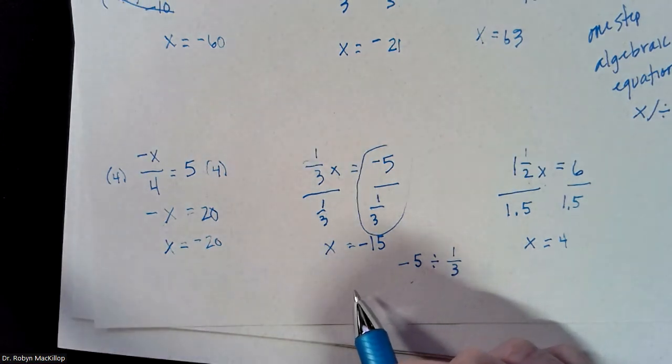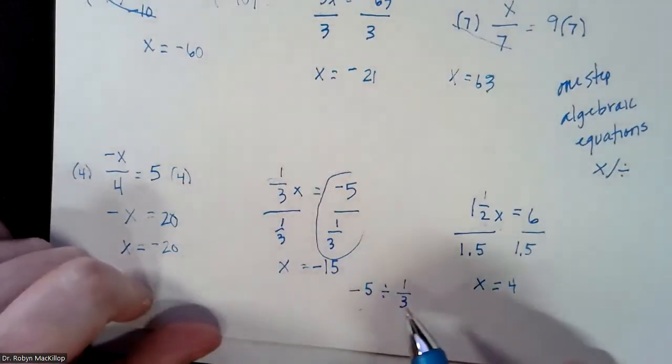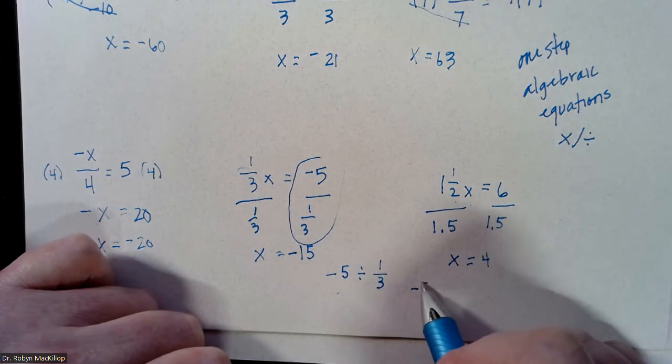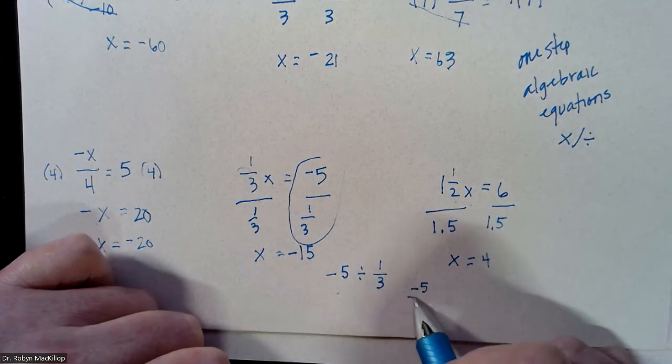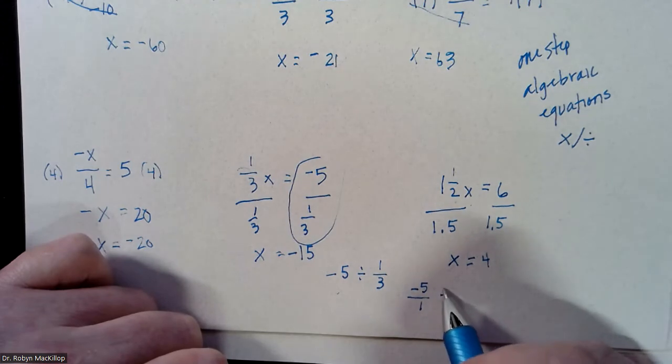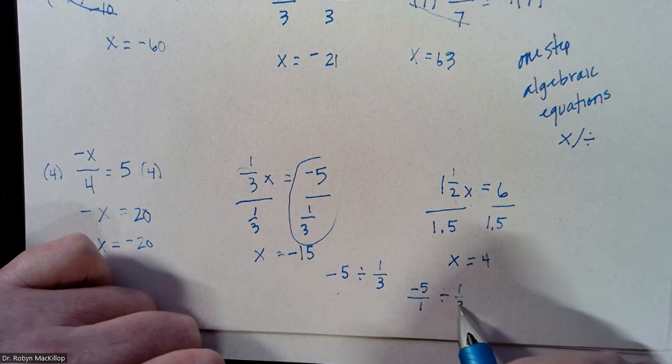I might run out of paper. To make a whole number a fraction, you put a 1 under it. So we've got negative 5 over 1, now in fraction form, divided by 1/3. It doesn't look any better, does it?